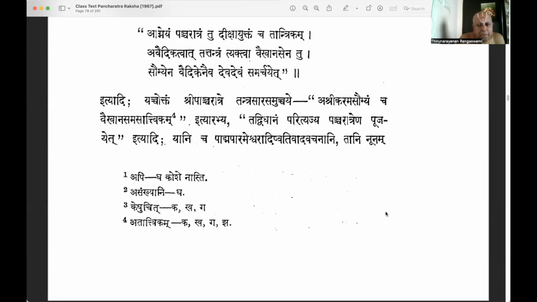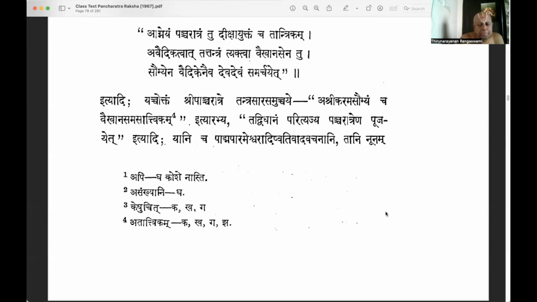If the Pancharatra is connected with the fire ritual, and Tantra, the procedure used by those who have been initiated, since they both are not connected with the scriptures, Avaidikatvat.